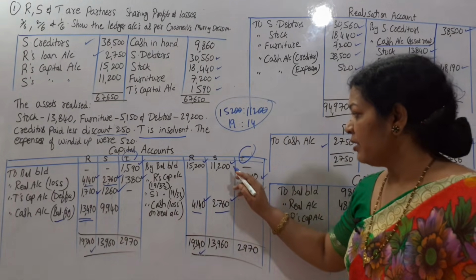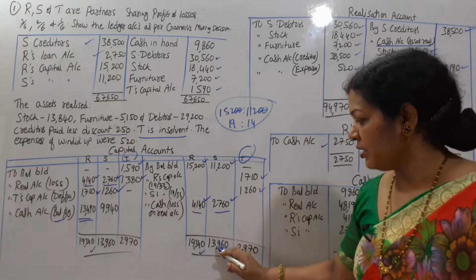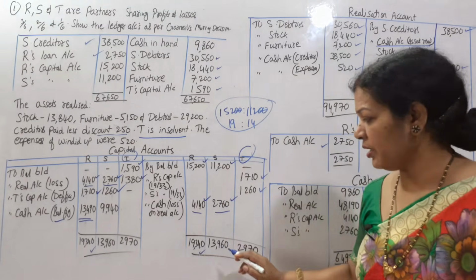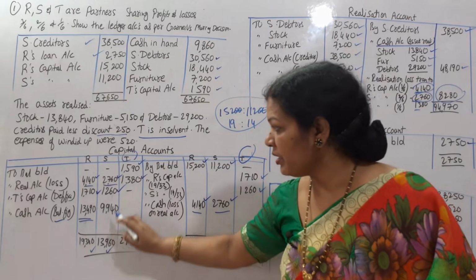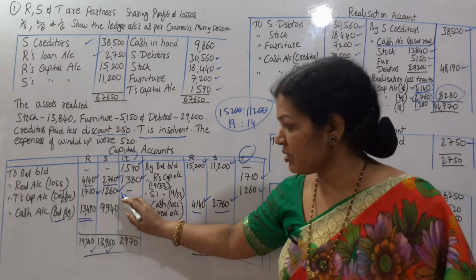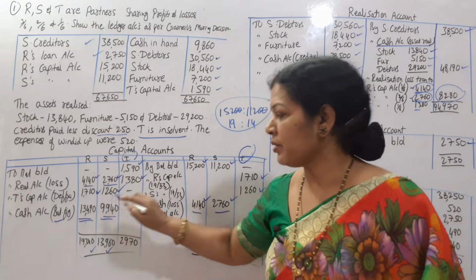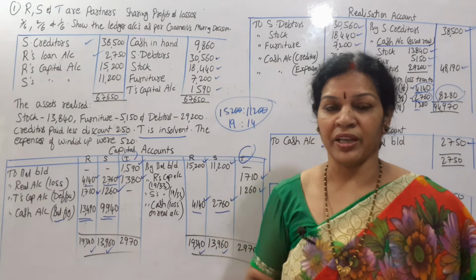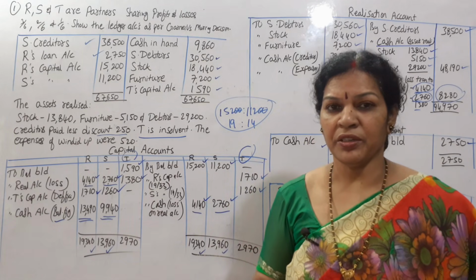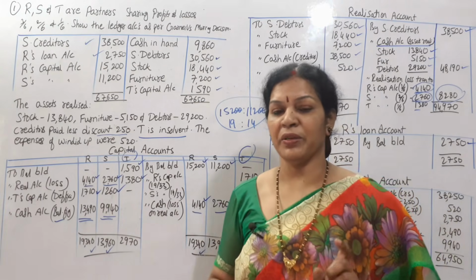In the same way, S total is 11,200 and 2,760, it is 13,960. 13,960 minus 2760 and 1260, you are getting the balancing figure of 9,940. This they are bringing through the cash. Am I clear up to here? If you understood up to here, now the problem is very simple.